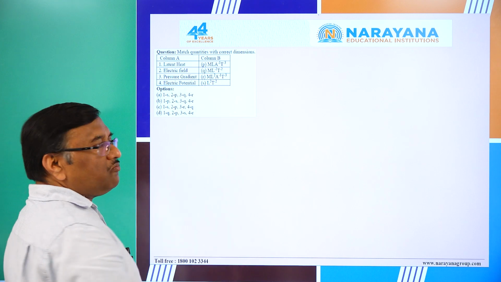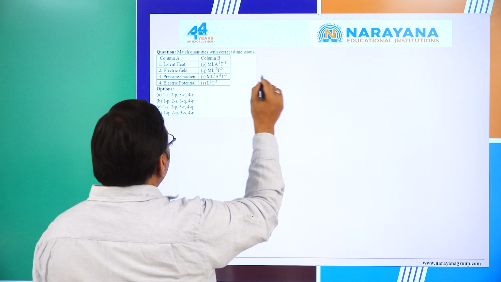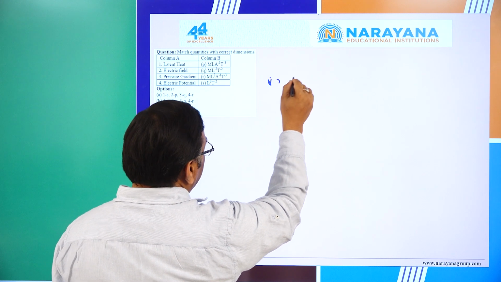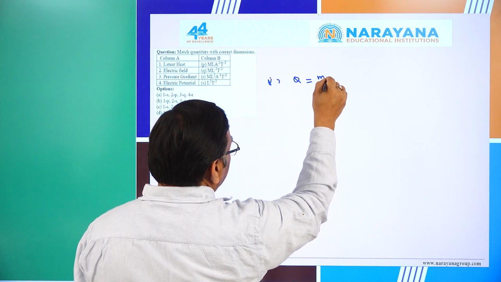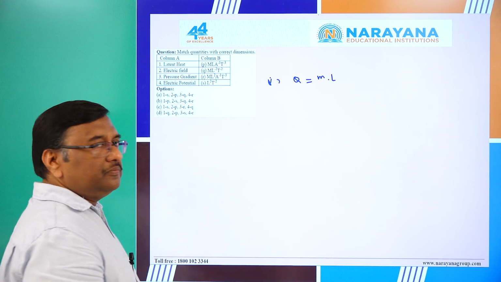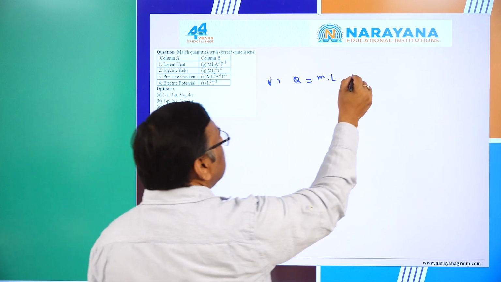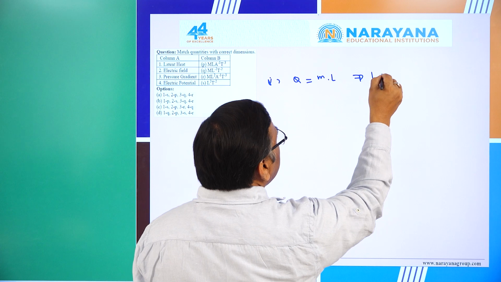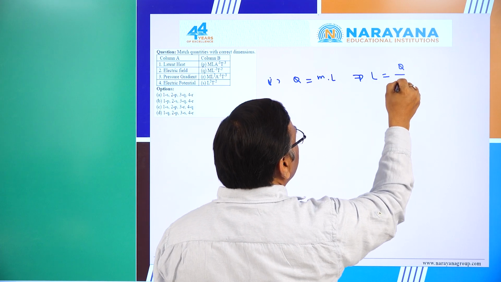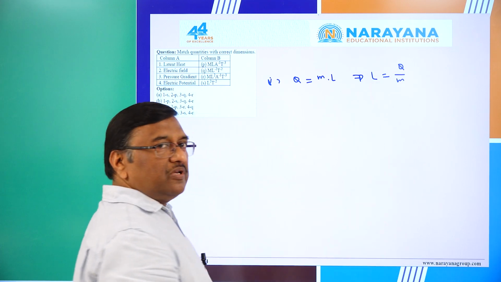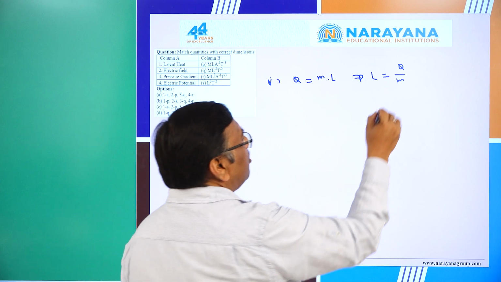Latent heat is nothing but what? My energy. But you know, in case of the first, if I write my latent heat, Q is nothing but mass into latent heat. What is my latent heat here? So this simply says L is equal to Q divided by mass. Q, as I said, is energy. So what is the dimensional formula for energy?